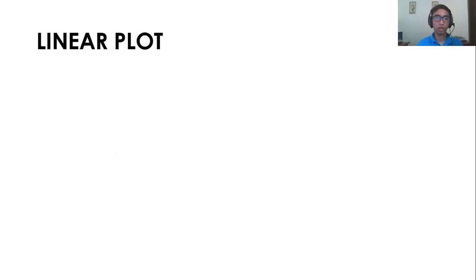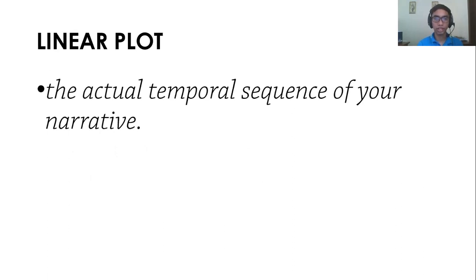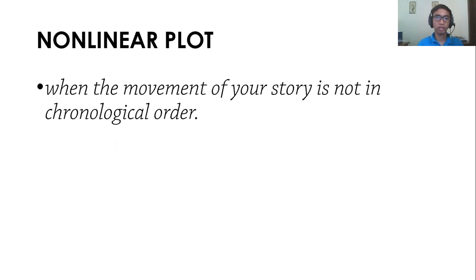We have also types of plot. We have the linear plot, which means the actual temporal sequence of your narrative. Linear is the expected scene or happening in the story. Another one is the nonlinear plot. What is nonlinear plot? It is when the movement of your story is not in chronological order.